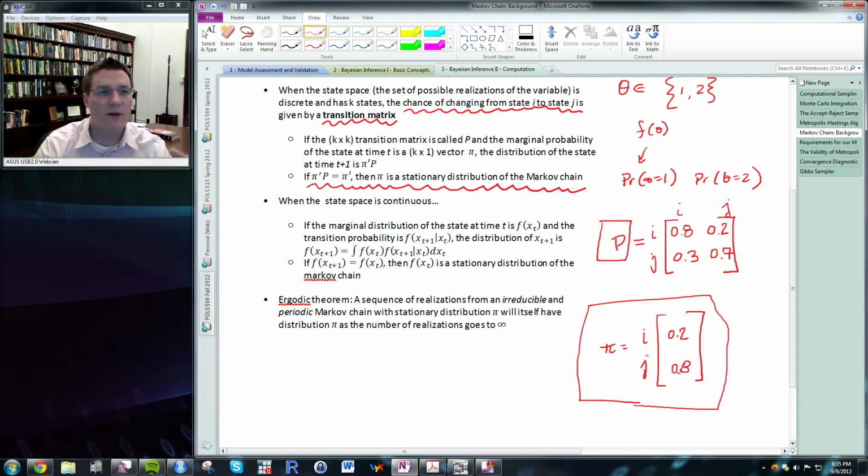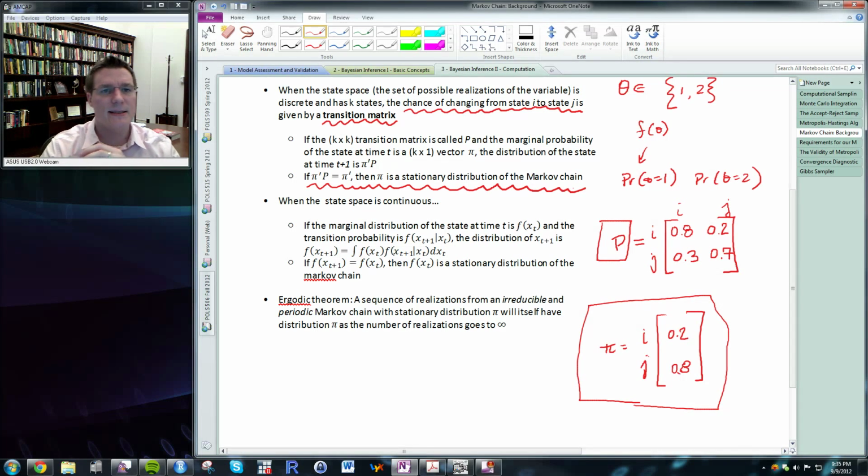I'm telling you if there's some distribution of states represented in this vector pi, and when I transition, I end up in the same distribution of states again, which means that as many times as I transition, at least for a large number of chains, I always end up with the same distribution of states over and over and over again. Then we call pi a stationary distribution of the Markov chain.